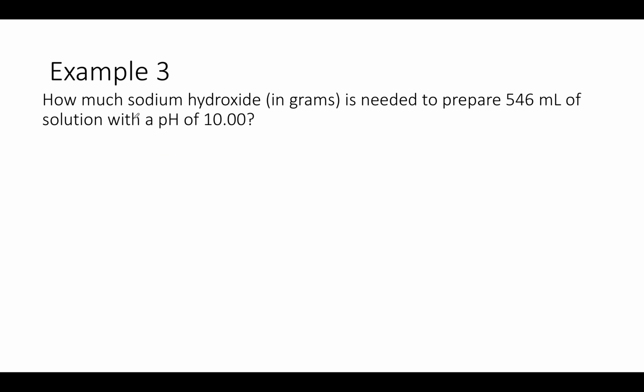Okay, last question here. How much sodium hydroxide in grams is needed to prepare 546 mL of a solution with a pH of 10? Sodium hydroxide is a strong base, so it would have a pH of over 7, and it will dissociate into sodium ion and hydroxide ion in solution.